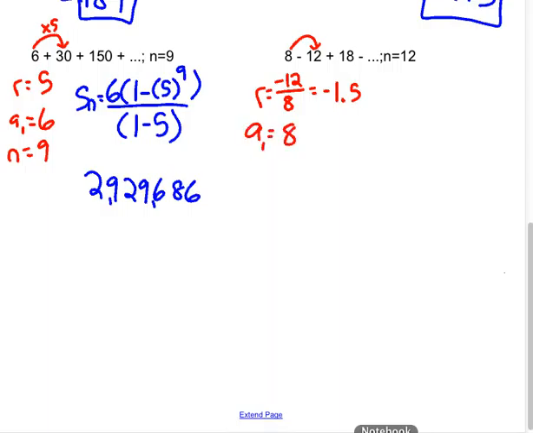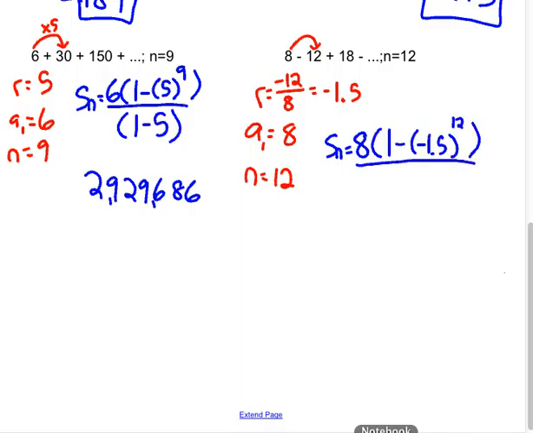A1 is 8, and n, they're telling us we're going up to 12. All right, let's plug it all into the formula. My first term, 1 minus my rate to the nth power all over 1 minus my rate.